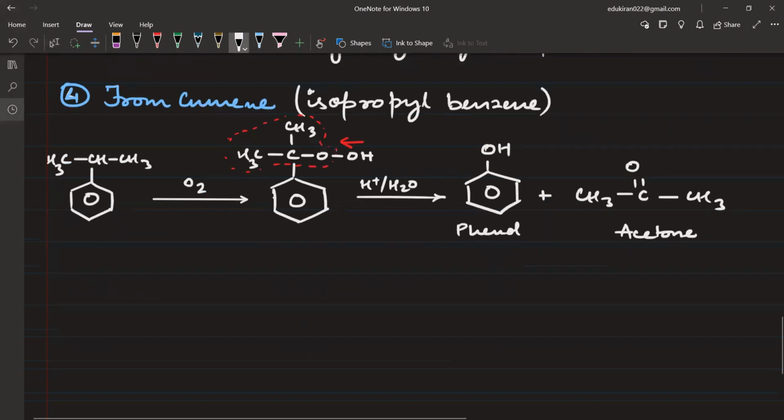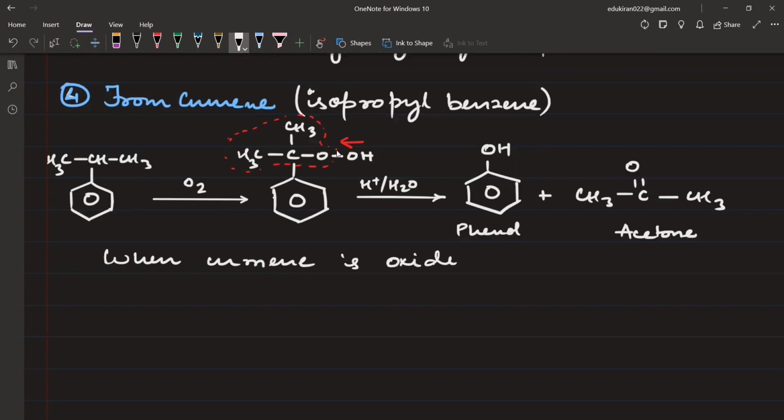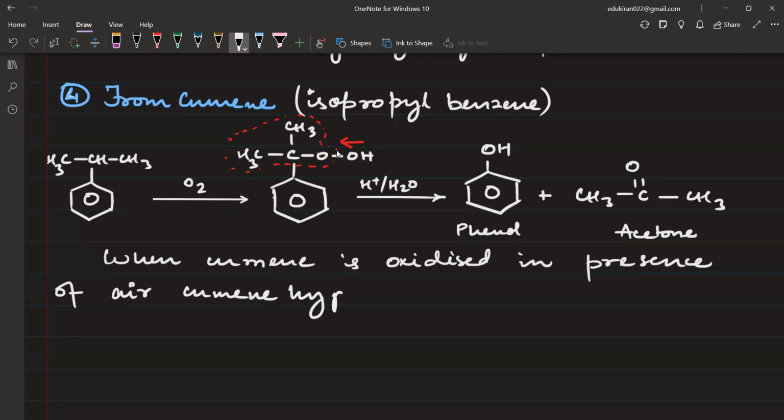Right, when cumene is oxidized in the presence of air. Achha, what will oxidize from air? O2 only will oxidize. Okay. When oxidized in the presence of air, cumene hydroperoxide is formed.